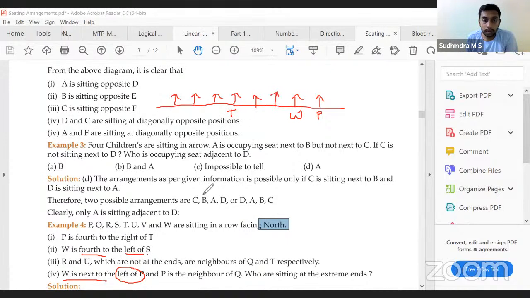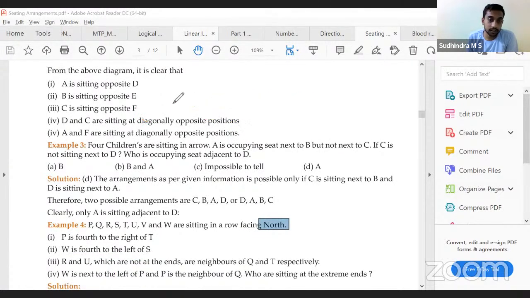W is fourth to the left of S. No, W is sitting left of S, right? But here he is sitting right of S, so that is wrong, whatever we have done. Okay, we'll go with another approach.